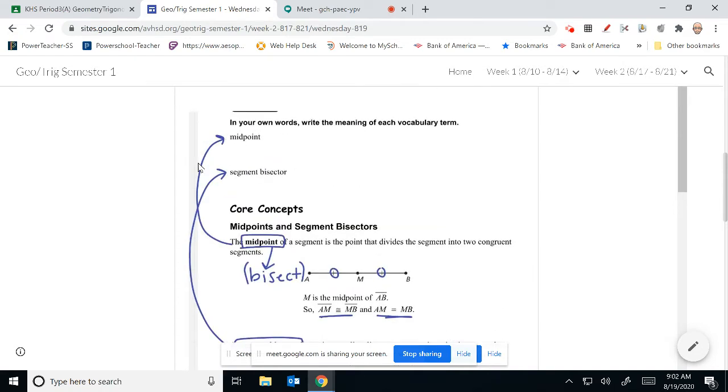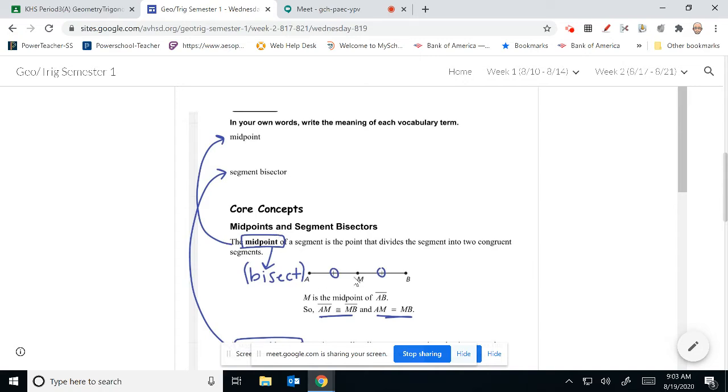The first word here is midpoint. So the midpoint of a segment is the point that divides it into 2 congruent segments. Now you probably already know midpoint kind of sounds like middle point, and that is exactly what it is. It's the point that's in the middle of 2, so it's going to make 2 equal pieces.